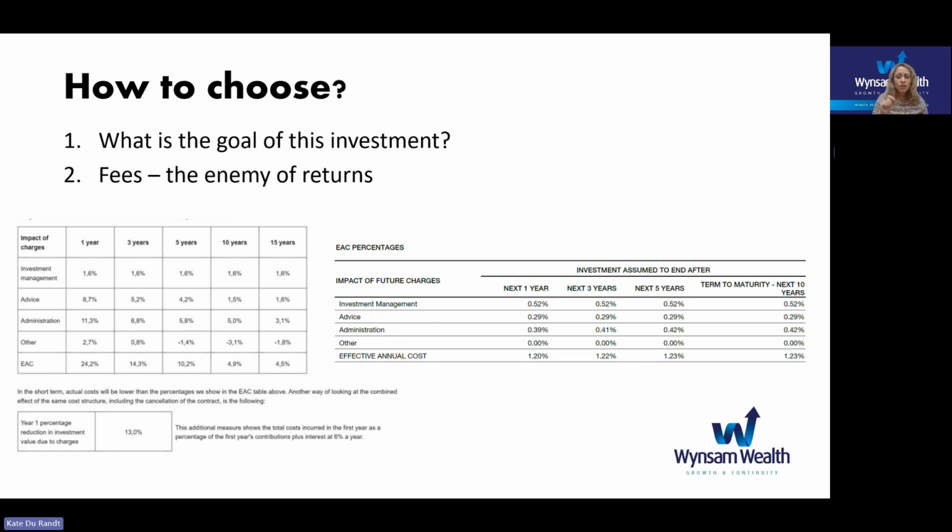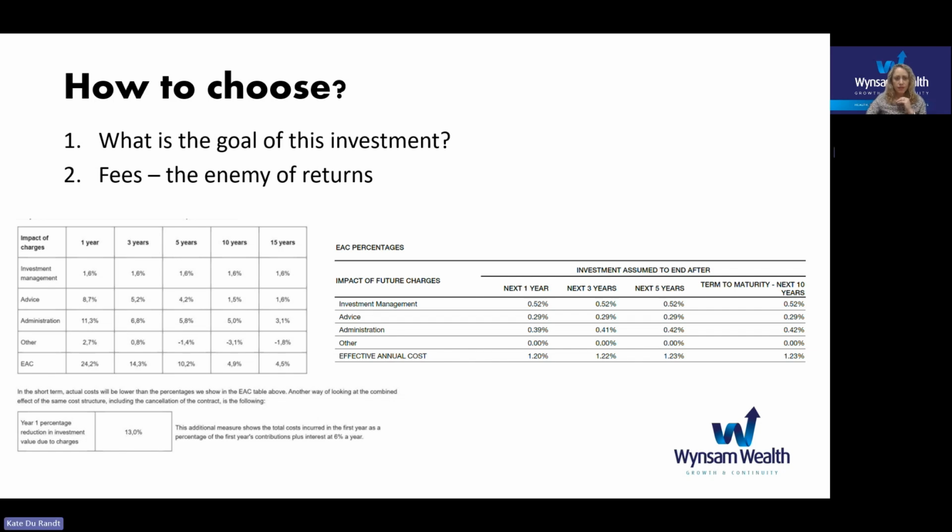So you need to be really, really careful about what you're taking. And as a caution, generally, investments that come through insurance companies cost more than investments that come directly from investment companies. So just be very careful when you get a quote in front of you, look for that EAC, because you don't want to be paying exorbitant fees on an investment.